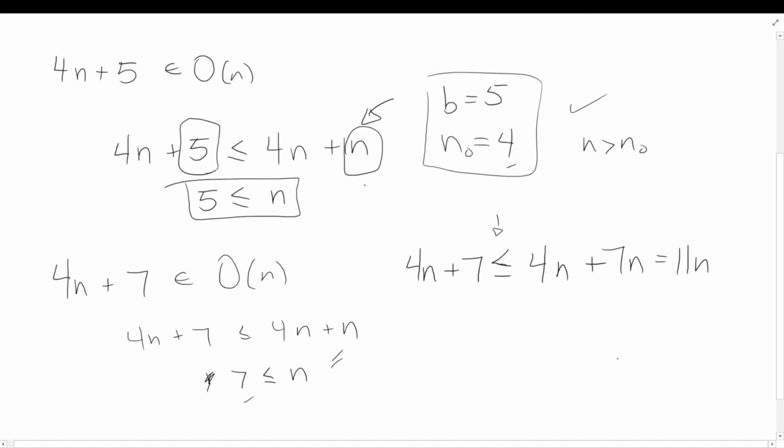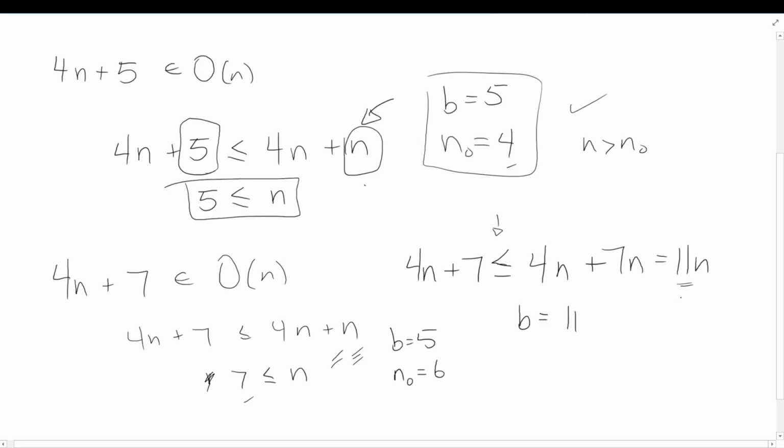Now, what does that change for me? This has changed my b. Using the technique over here, we have b equals 5, and if n is greater than or equal to 7, we could choose 6. But in this case, our b now is 11.